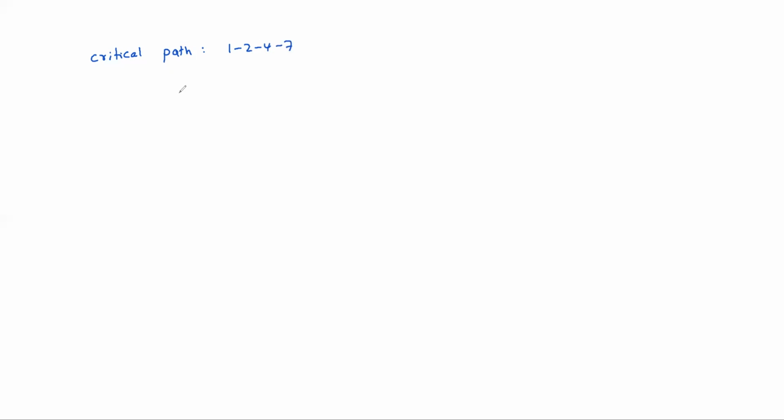That means we take the standard deviation, sigma, and variance, sigma square, of the critical path activities: the 1-2 activity, the 2-4 activity, and the 4-7 activity.